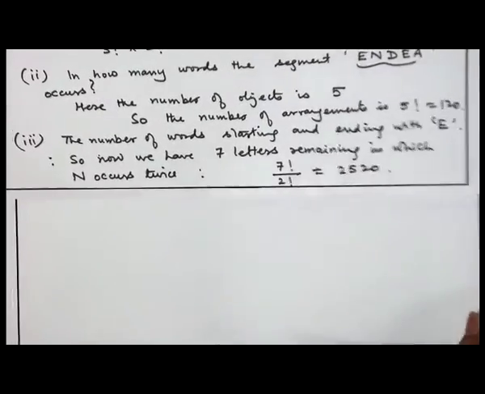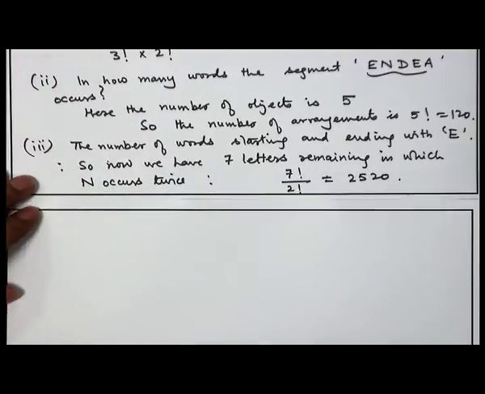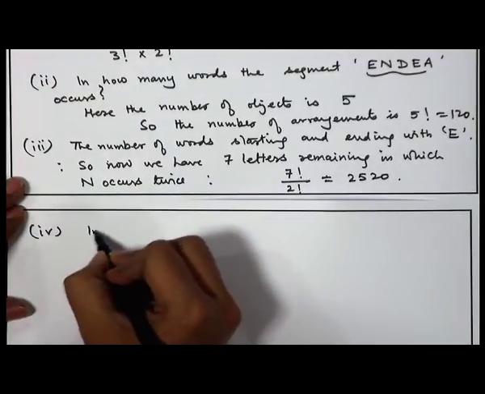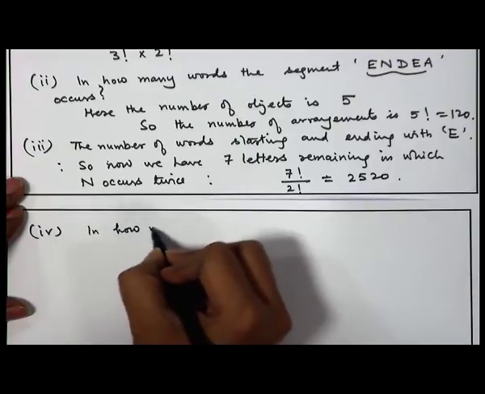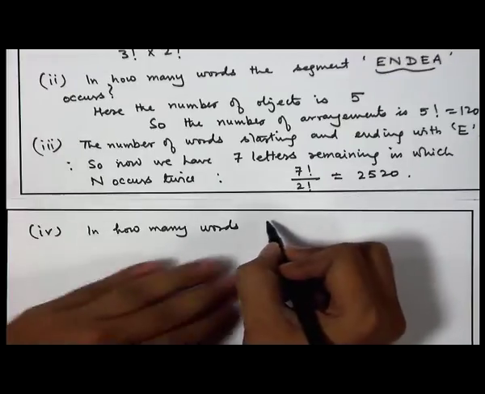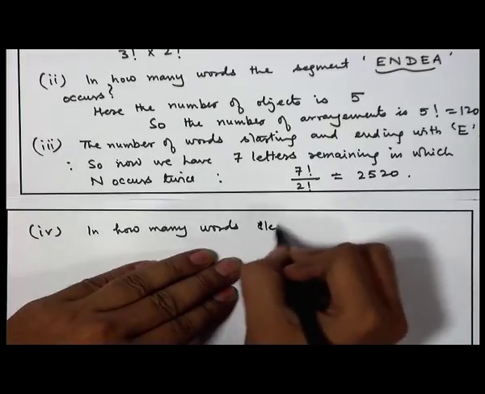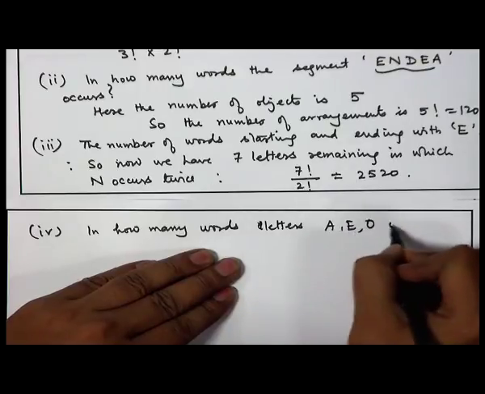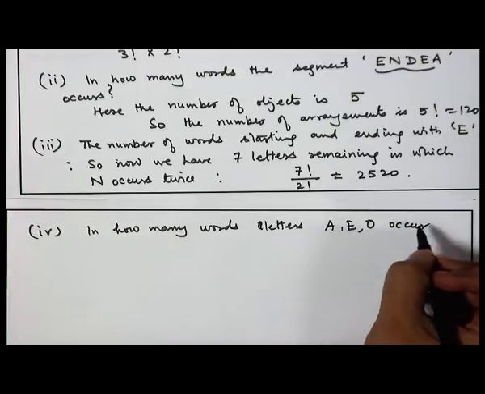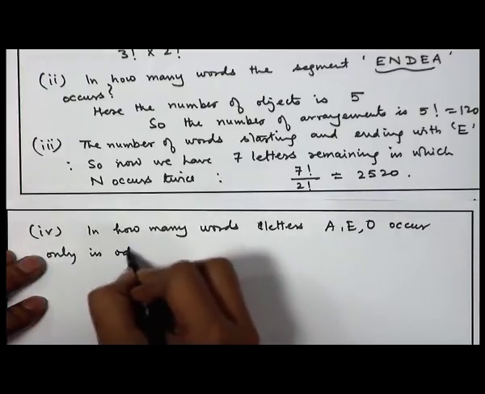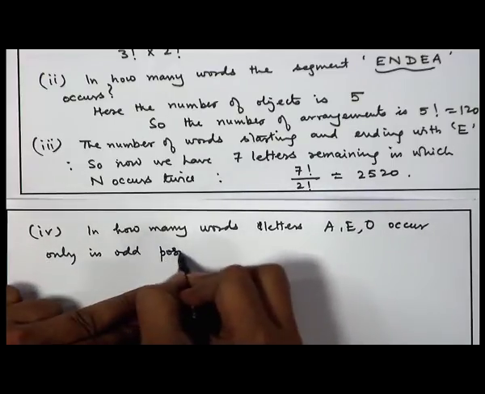In the same one, let me put one more restriction. In how many words do the letters A, E, O occur only in odd positions?